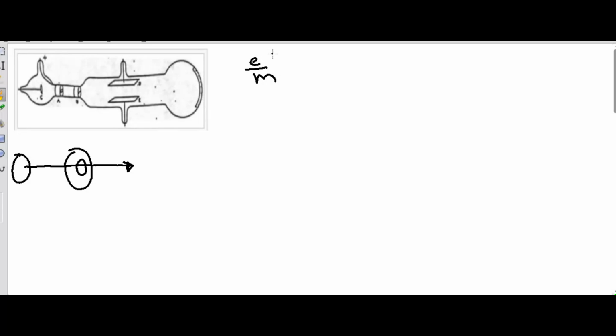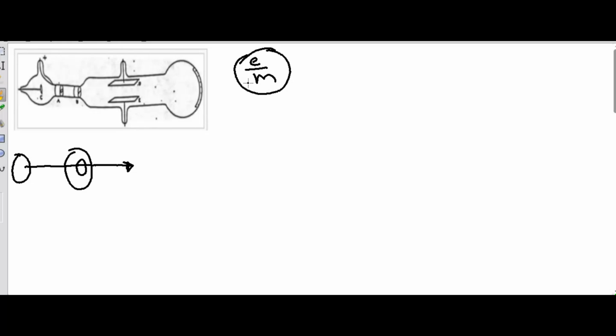He filled air, neon, carbon dioxide, various types of gases inside this tube. Though he filled different types of gases and materials inside, he still found the same basic fundamental quantity of the particles hitting this end, the e/m. For all those different materials, this e/m ratio remained the same.